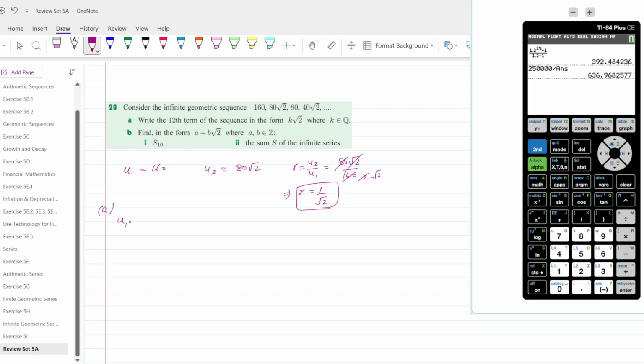Now the 12th term is going to be u12, that is u1 times r raised to the power 12 minus 1. So u1 is 160 times 1 divided by root 2 raised to the power 11. So we can write it as 160 divided by root 2 raised to the power 10 times root 2, because they both will add up to make 11.